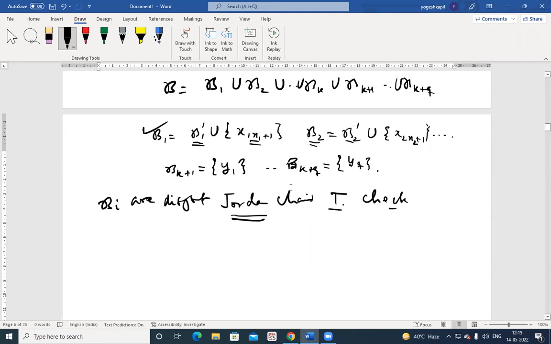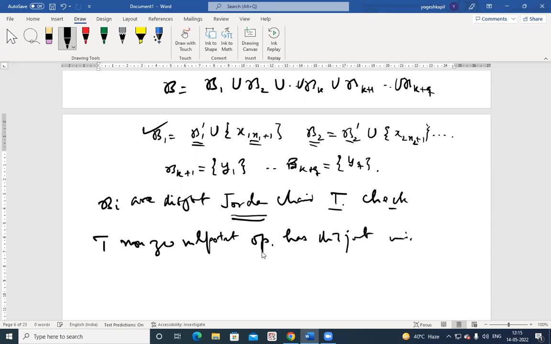If so, then that means T, which was a non-zero nilpotent operator, has a disjoint union of Jordan chains.